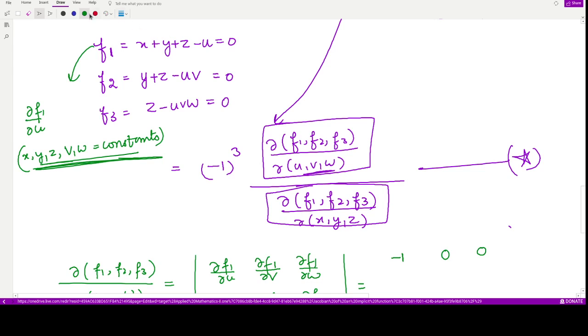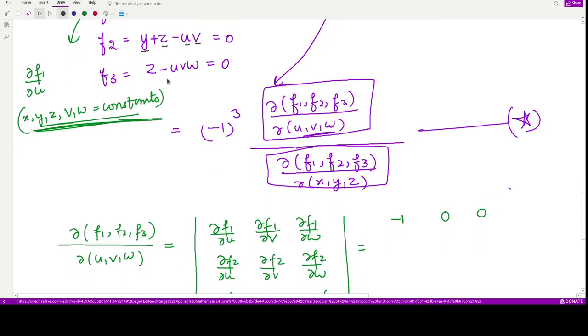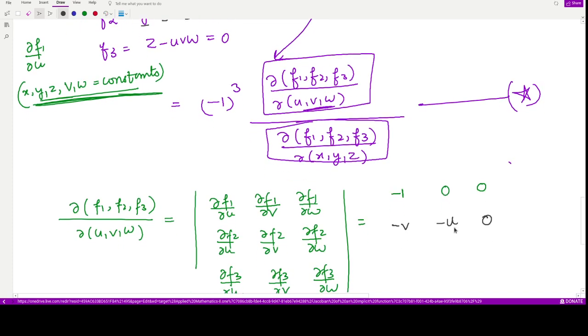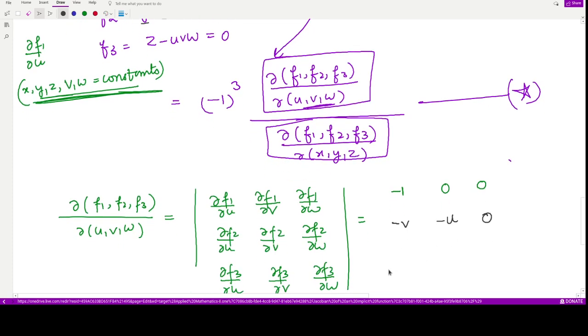And for the second case, when you have f2 as a function of y, z, u and v, its partial derivative with respect to u would be equal to minus v, with respect to v it would be minus u, and with respect to w it would be 0. And similarly for the third function, it would be minus vw, minus uw and minus uv. So this determinant we have to compute.